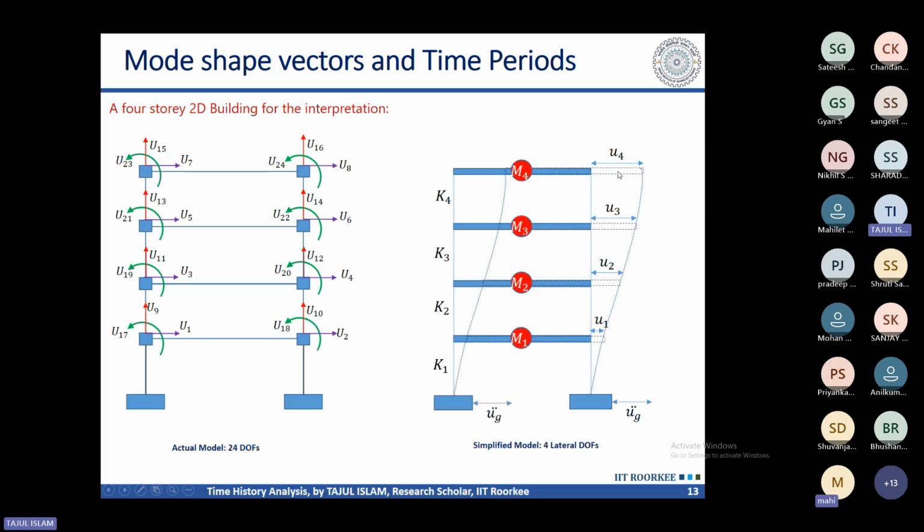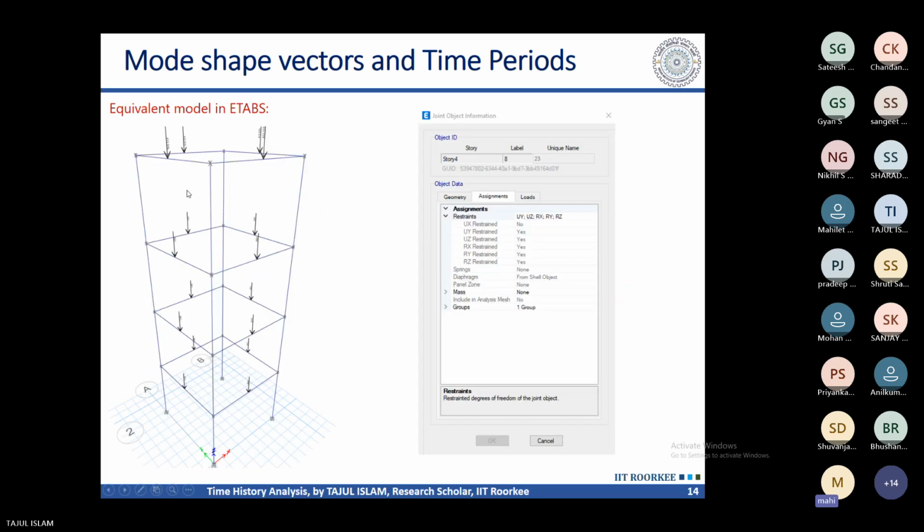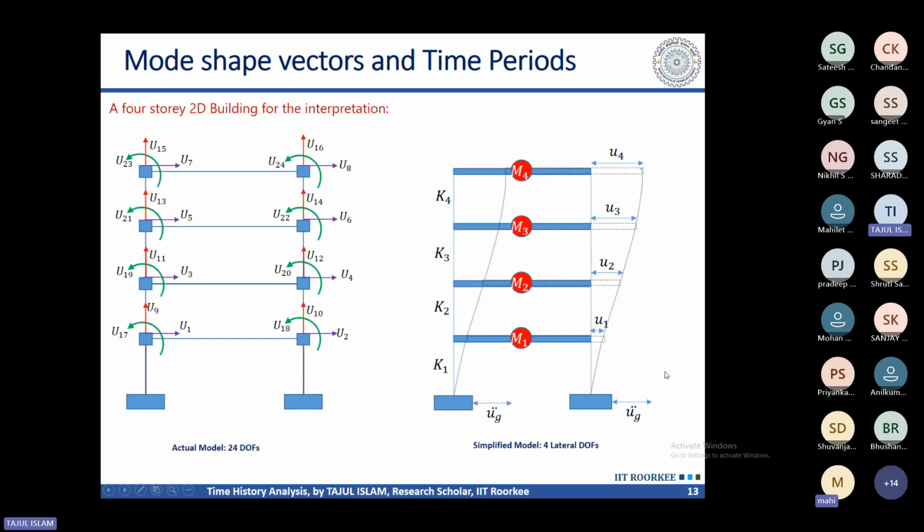As you can see, in each story, I have just 1 degree of freedom active. All the remaining degrees of freedom are locked. If you look at this joint and its degrees of freedom, here you see UX restraint no, meaning I have considered only the deformation in the X direction. All the other deformations you can see are restrained, meaning I have locked them. So virtually each of the stories will have only lateral deformations, which is similar to what we have done here.